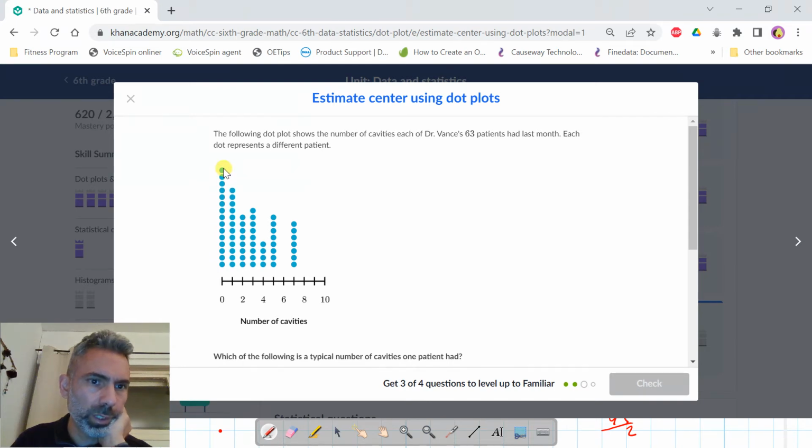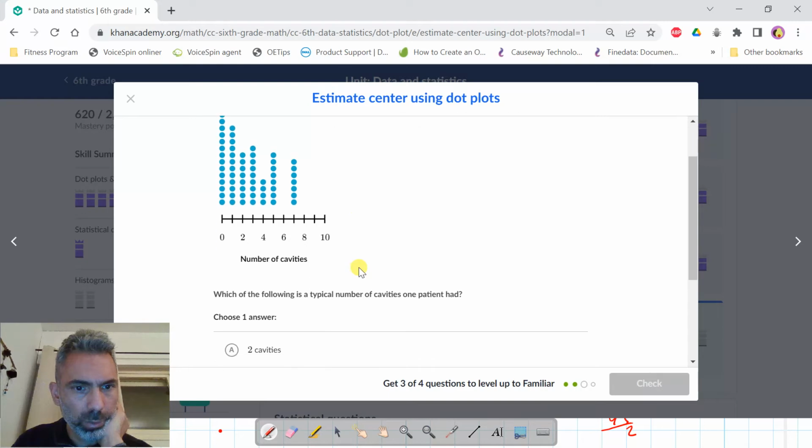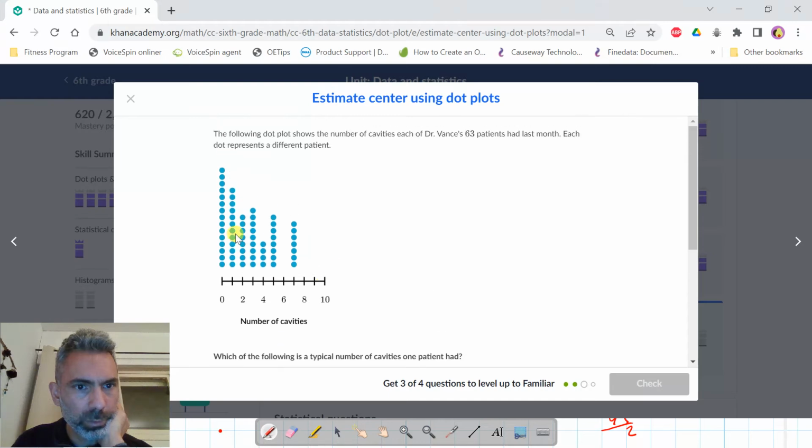This is the greatest number of patients. 1, 2, 3, 4, 5, 6, 7, 8, 9, 10, 11, 12 patients had 1, and this many had 2, 3, and so on. Which of the following is a typical number of cavities one patient had? So the most frequent is 0.